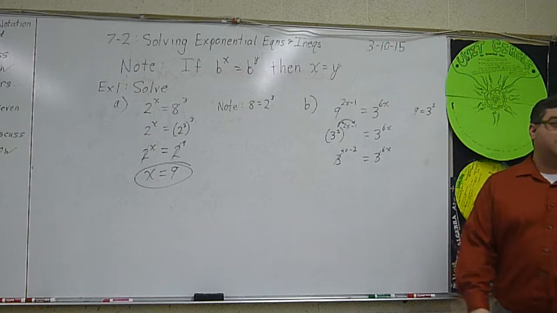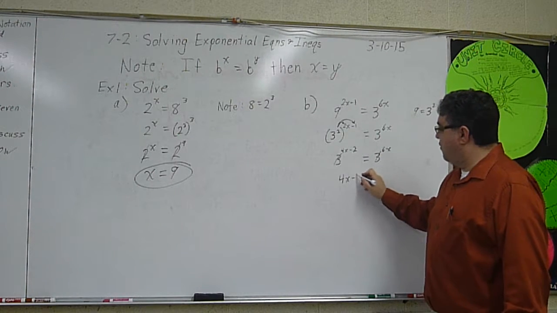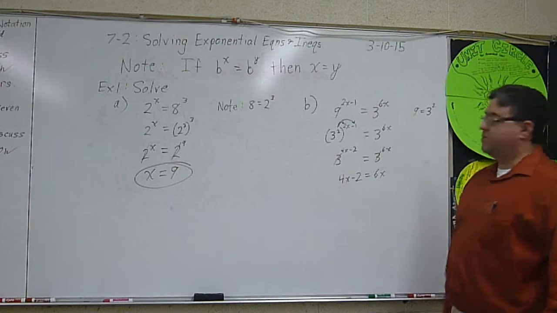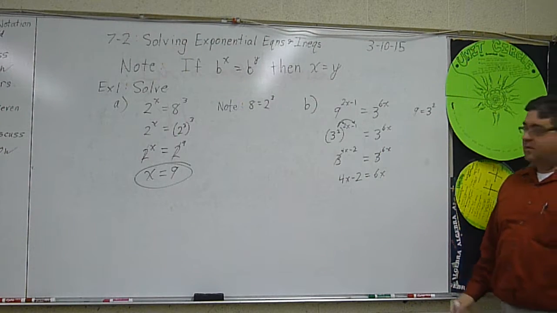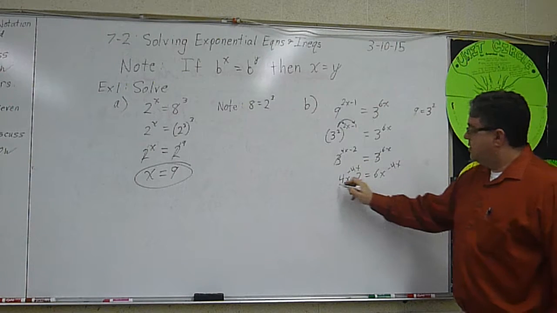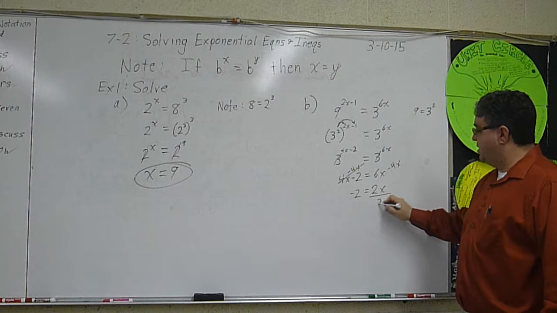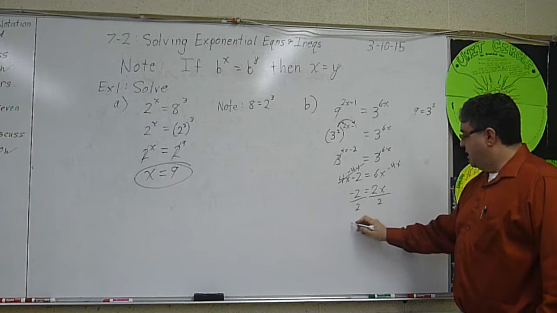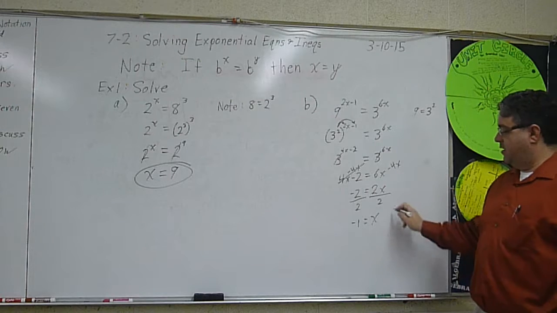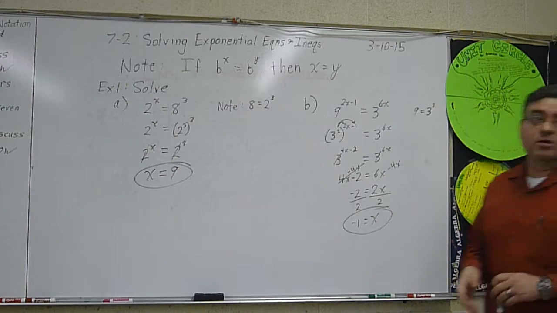Left-hand cancellation allows me to ignore the bases and write 4x minus 2 equals 6x. And then I can subtract 4x on both sides. Negative 2 equals 2x. Divide by 2 on both sides. Then I get negative 1 equals x.